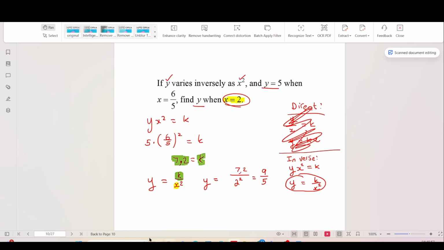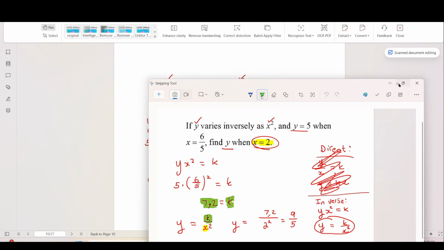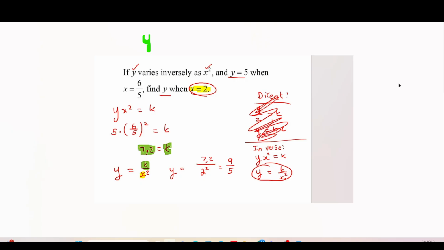So y is varying inversely with x squared, so y times x squared is equal to a constant.